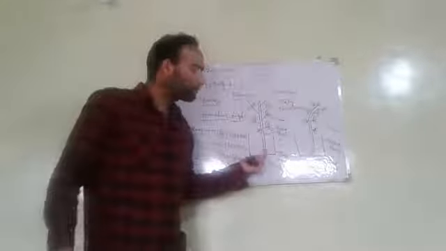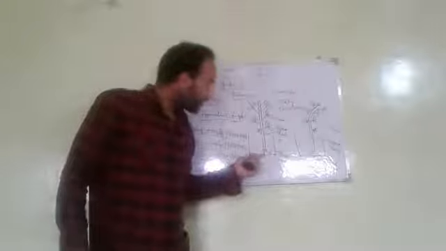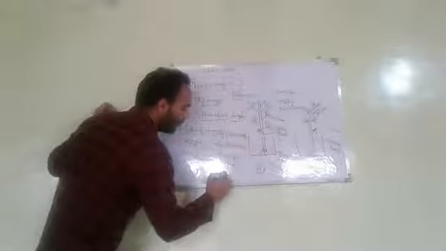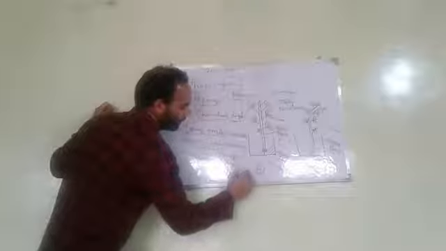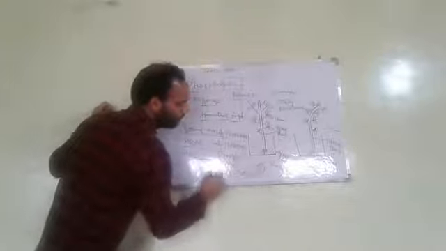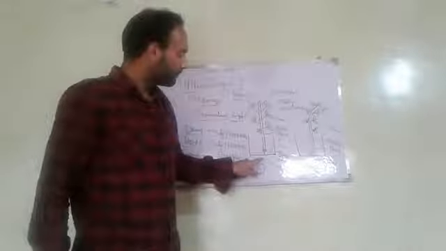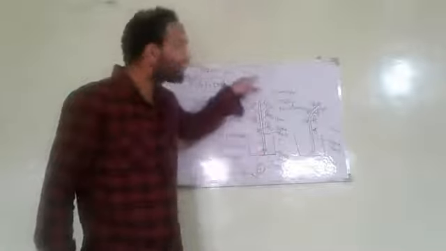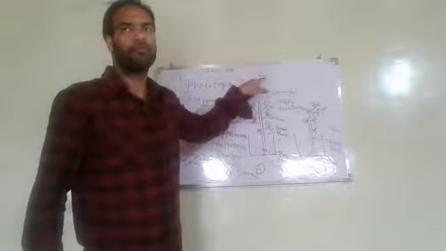While the root of this potted plant grows against the direction of stimulus of light. Hence, the root of this plant is negatively phototropic. See here, this is the root of this potted plant which grows against the direction of stimulus of light.